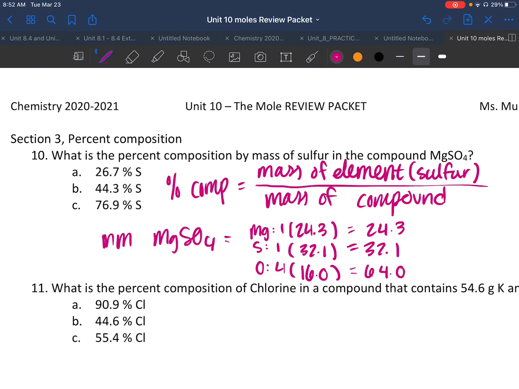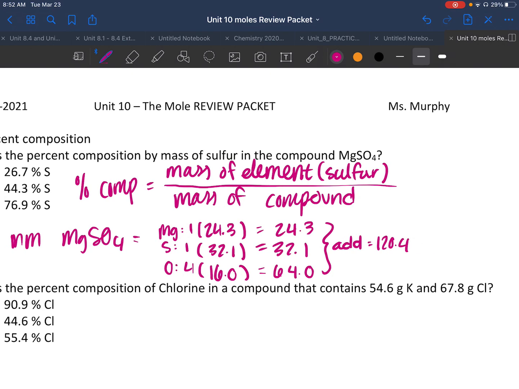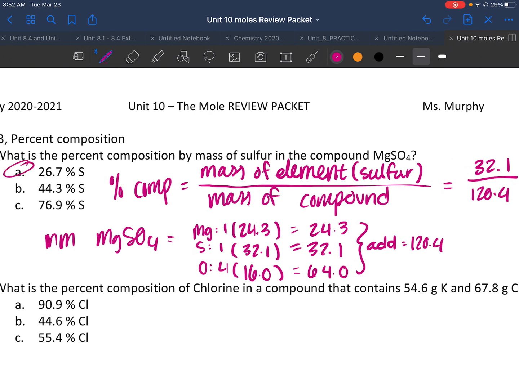Sorry, I'm just doing this off the top of my head. If we add all these together to get our molar mass, you should get 120.4. And so then lastly, to set up this problem for percent comp, the mass of all the sulfurs, there's just 1. So that's the 32.1. We're dividing that by 120.4, multiplying that by 100, and we get A as our answer.